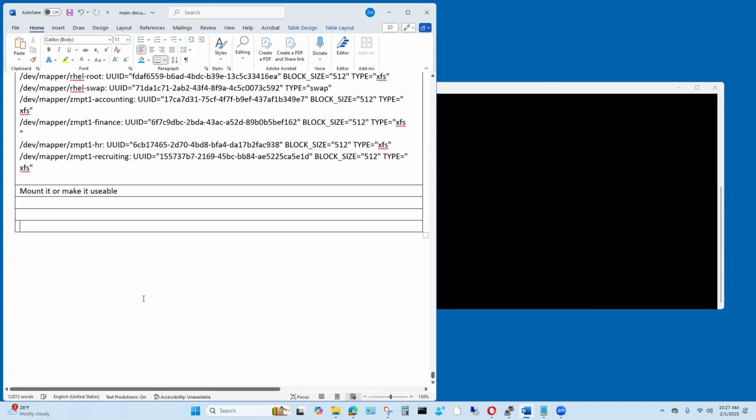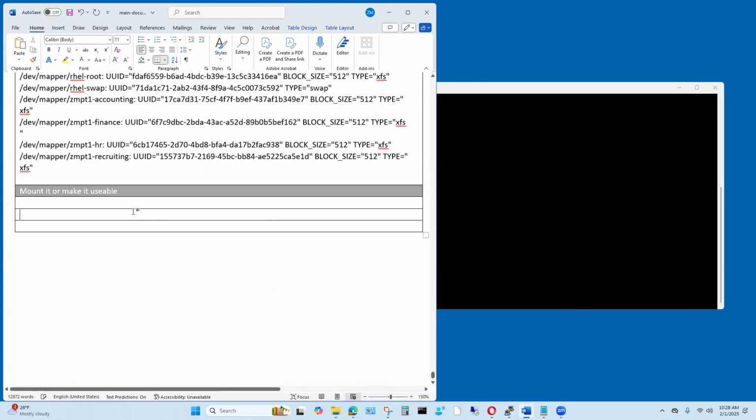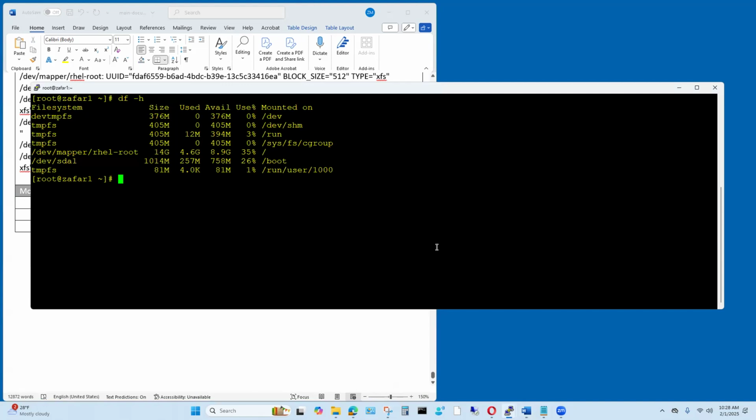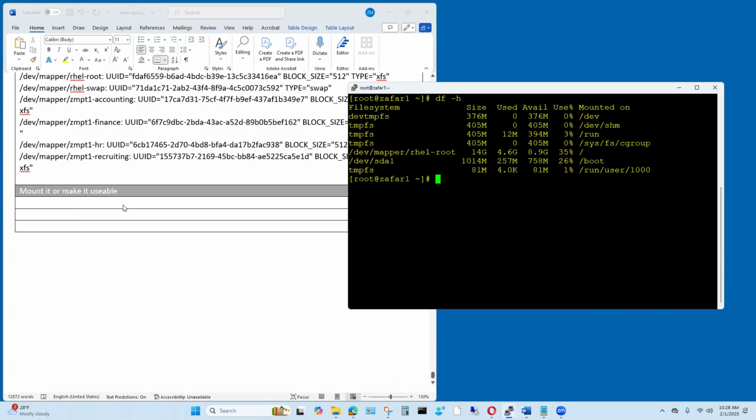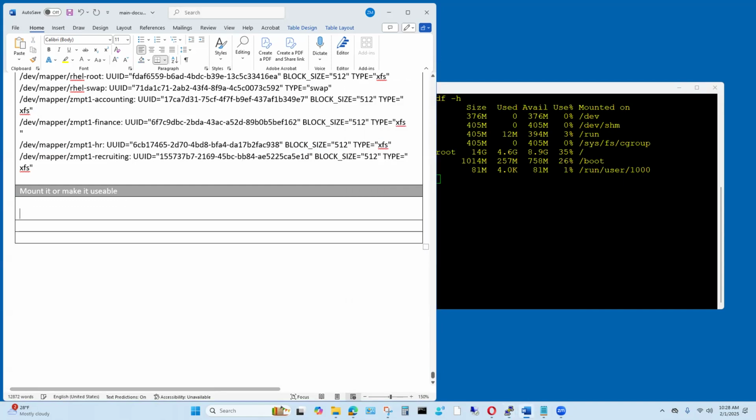We have the disk nice and good sitting there, but what is the use if it's not being used? So for that, you have to create a directory for each file system or each department.